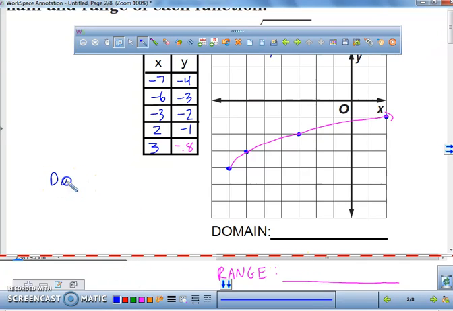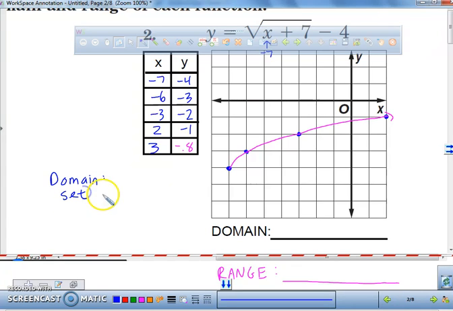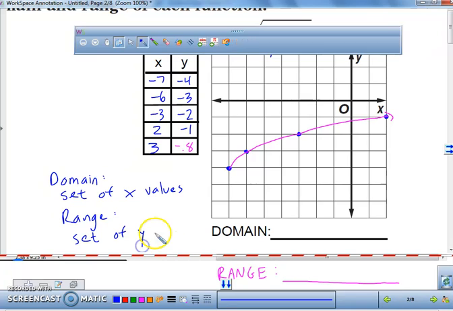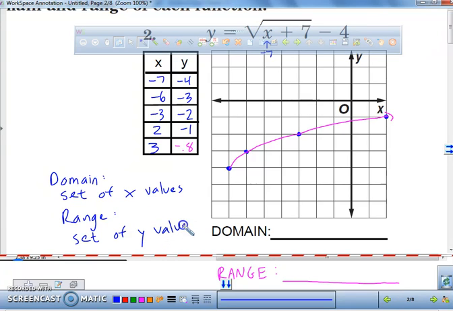So just remember, for domain, I want you guys to write set of x values. And the range is the set of y values.